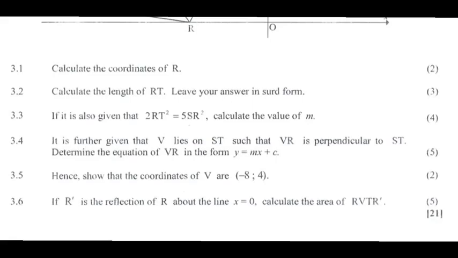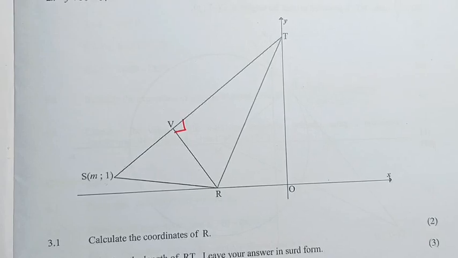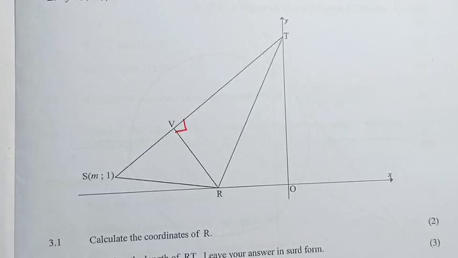the area of RVTR prime. Now 3.6 needs a little bit of work first before we find the area of RVTR prime. So first we need to find r prime.